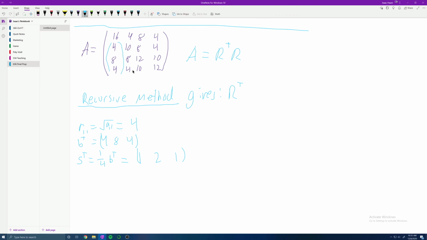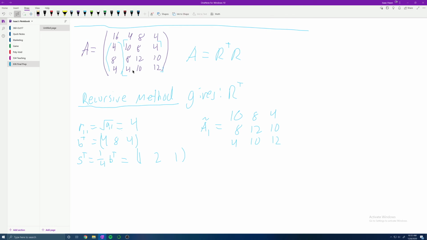So A wave, A tilde if you prefer, 1 is going to be the 3-by-3 tail submatrix of matrix A. So this bit right here, that's going to be 10. I'll write that 0 a little closer there so it's a little less confusing. That's going to be 10, 8, 4, 8, 12, 10, 4, 10, 12.